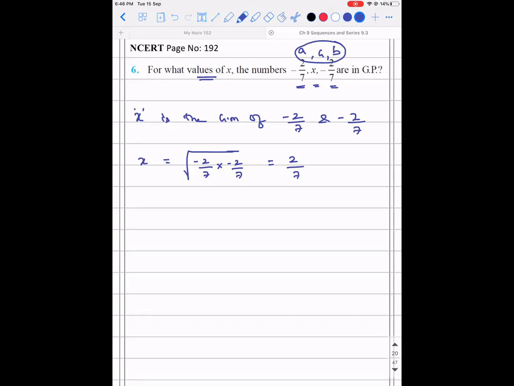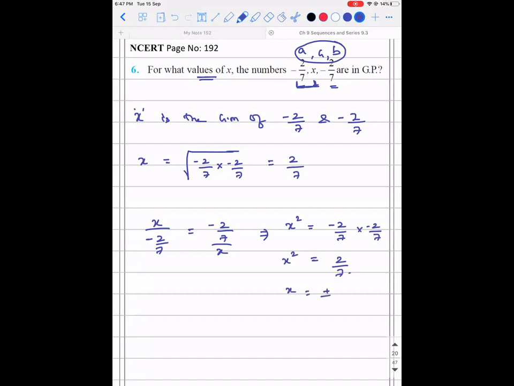Let us assume you didn't get the idea of geometric mean. If they are in GP, what is the condition? The ratio of the subsequent terms should be the same. So x by minus 2 by 7 should be equal to minus 2 by 7 divided by x. So x square will be equal to minus 2 by 7 into minus 2 by 7, that will be 4 by 49. So this is x square.